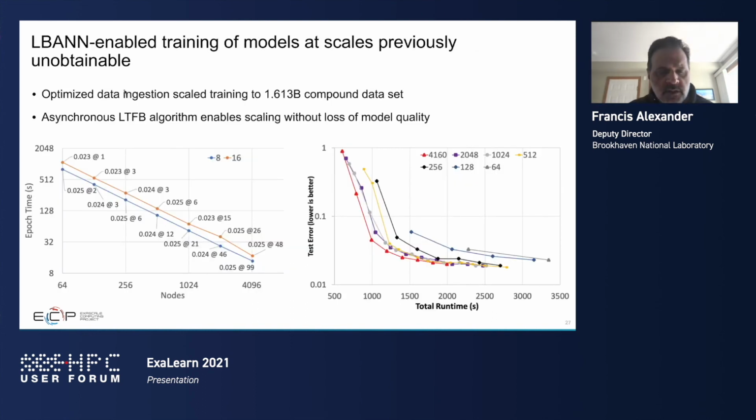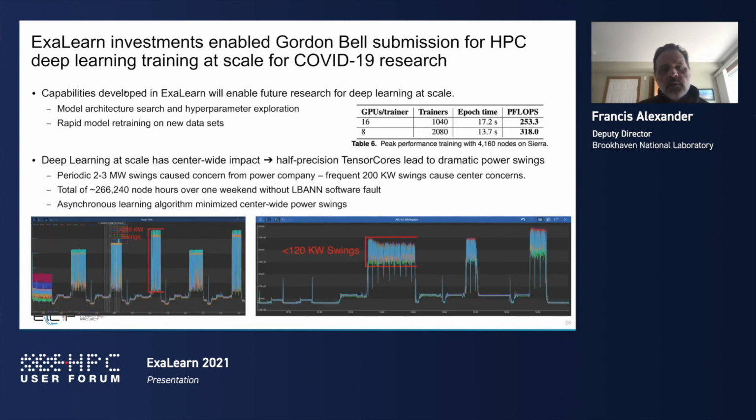Across a number of projects within ExaLearn, we were able to build this pipeline and also get it to scale to well over 4,000 nodes. There was very good scaling behavior for this, and we're very excited by this. It was submitted by part of the ExaLearn team out of Livermore for the Gordon Bell submission, and was one of the finalists there.